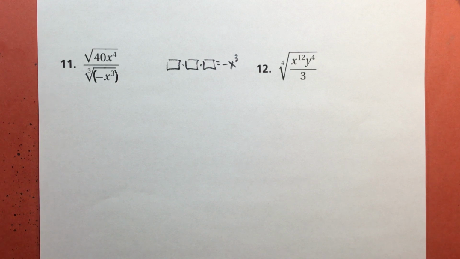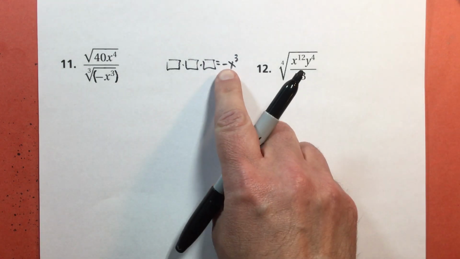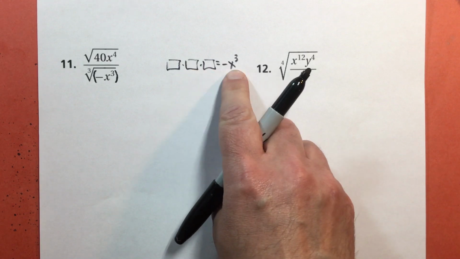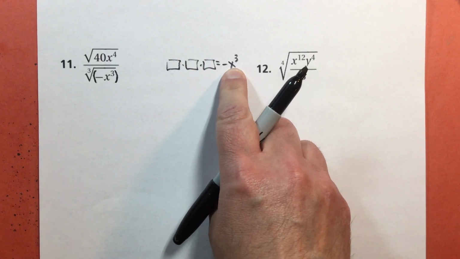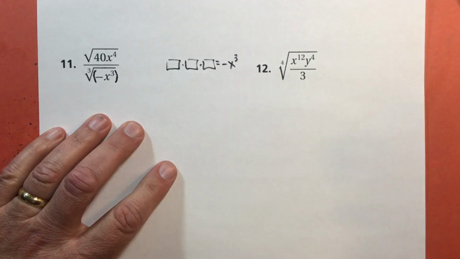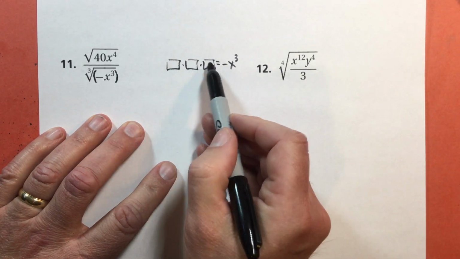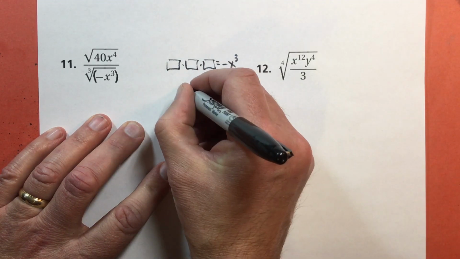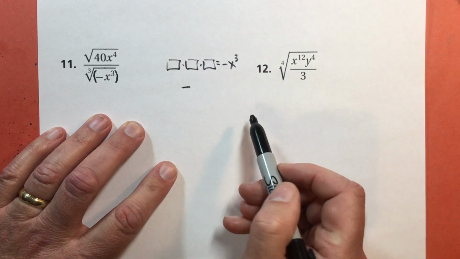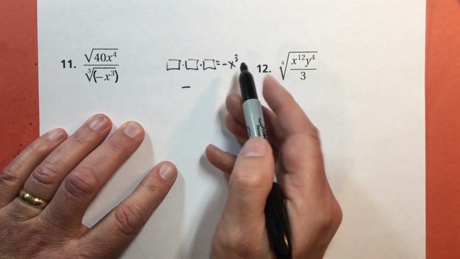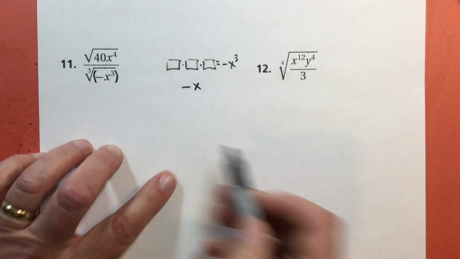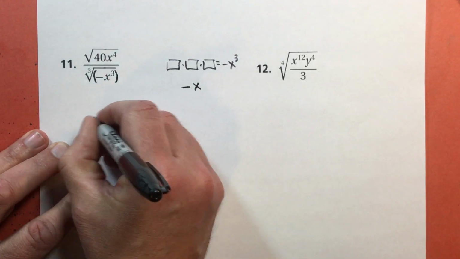So I'm going to find what number times itself again equals the whole thing, negative x cubed. All right? So here's what I know. I know a negative times a negative times a negative equals a negative. So it's going to be negative, and x times x times x equals x cubed. So this is just going to be negative x. I'm going to write that right here as actually.